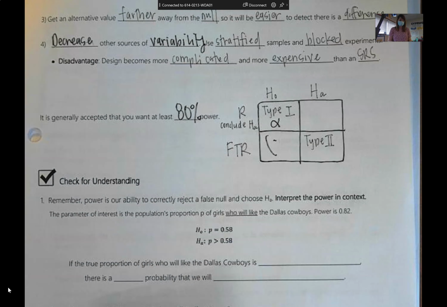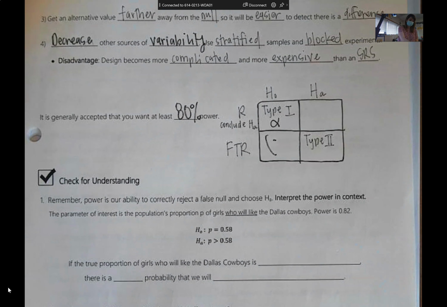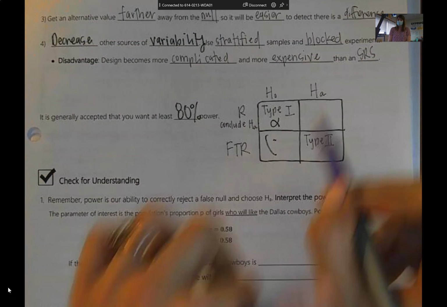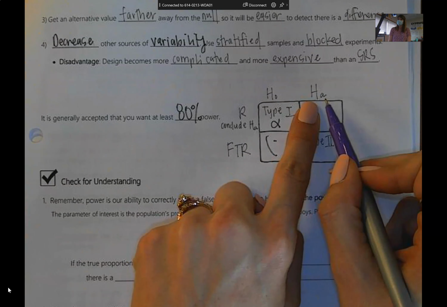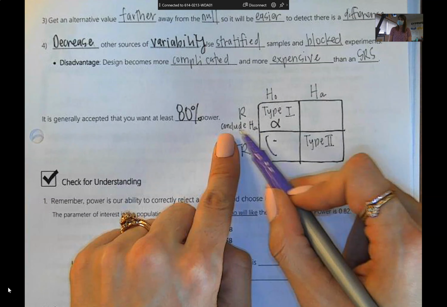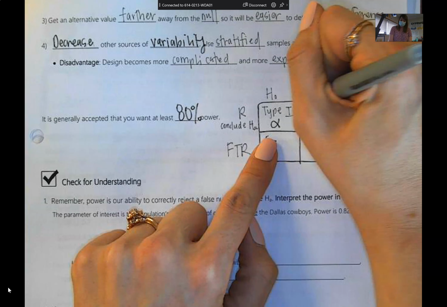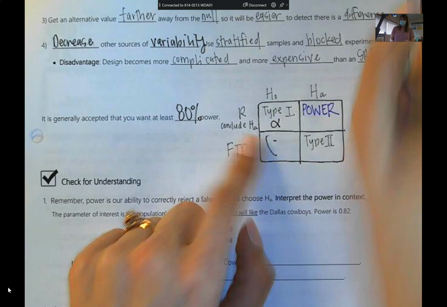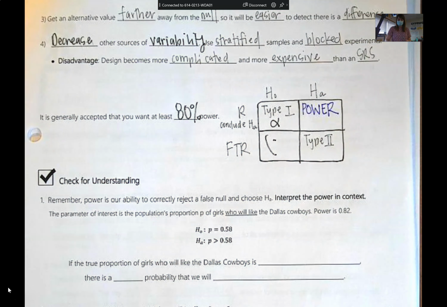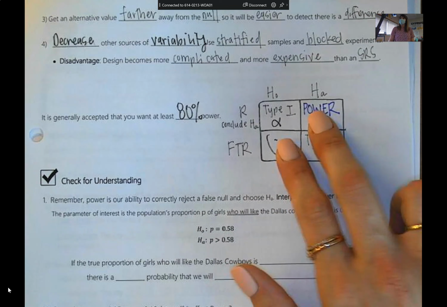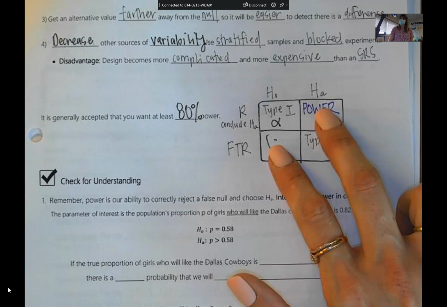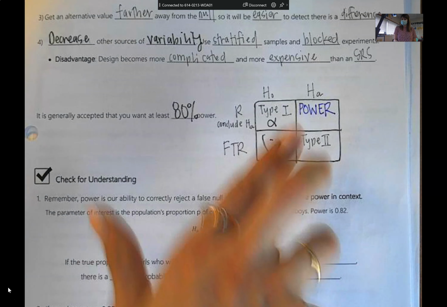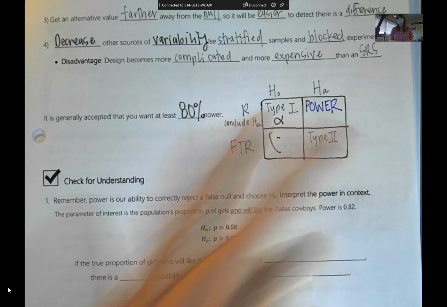And now in this lesson, we have learned that if the alternative is true and you reject the null, this is power. Both of these squares are good. These two are the errors.